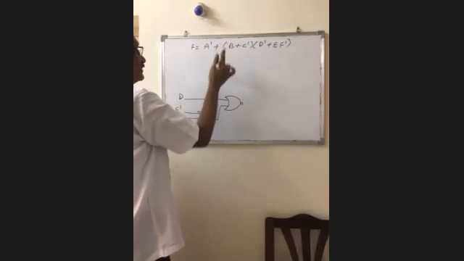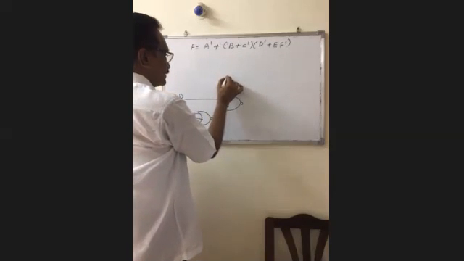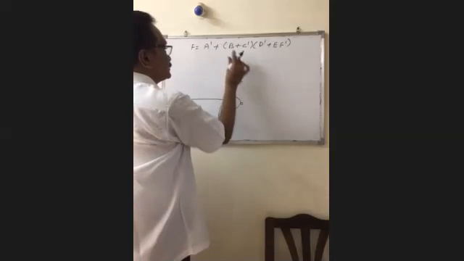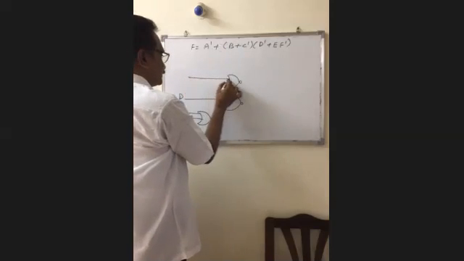Next for that one, it is a sum term. So simply connect B and C dash.